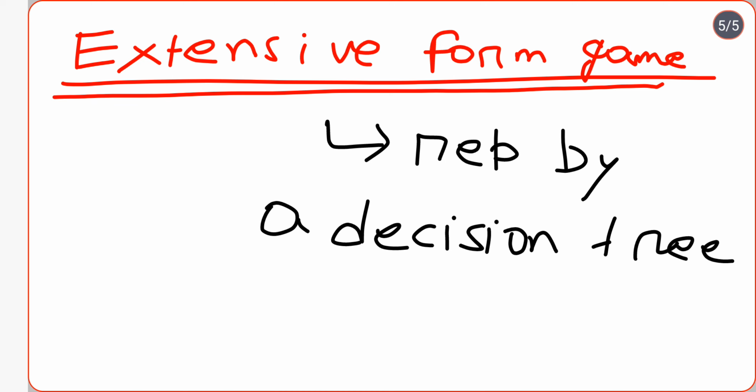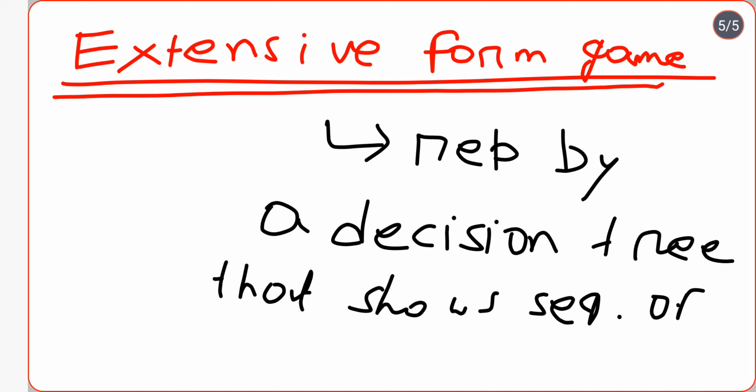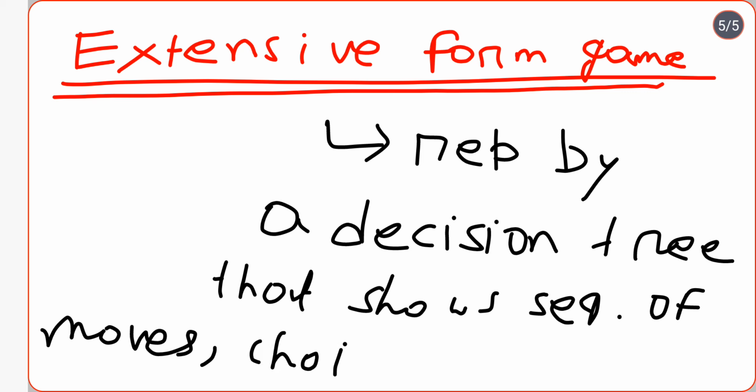That decision tree shows the sequence of moves, the choices available at each decision point, and the payoffs at the end of each sequence of moves.